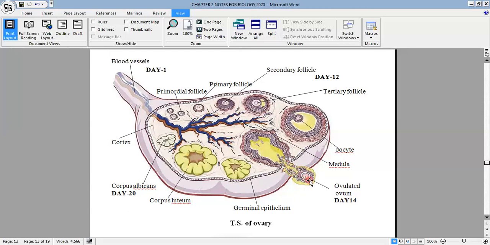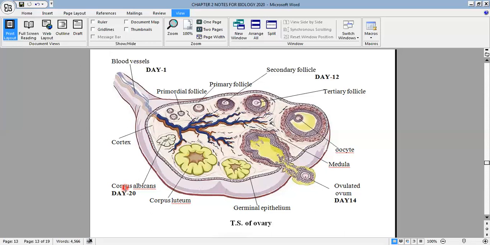When this ovum is released out, the Graafian follicle becomes empty. This empty Graafian follicle then becomes corpus luteum. This corpus luteum will produce progesterone and will maintain the pregnancy if the egg is fertilized. But if the egg is not fertilized, which usually occurs in normal cases, then this corpus luteum gets converted into corpus albicans.